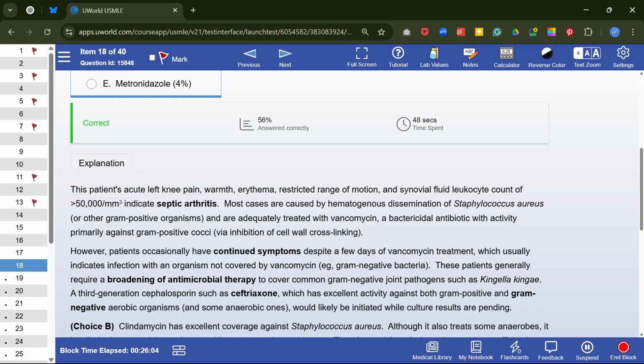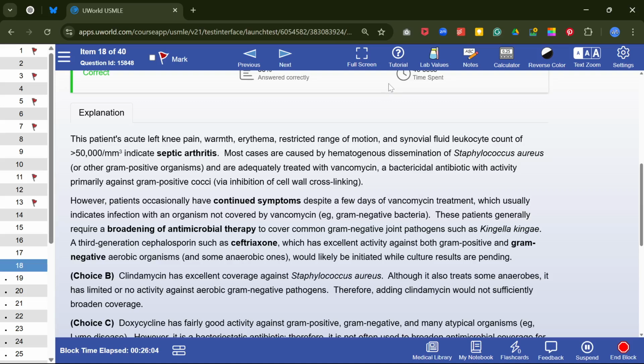A third-generation cephalosporin, ceftriaxone, which has excellent activity against both gram-positive and gram-negative organisms and some anaerobes, would likely be initiated while culture results are pending.